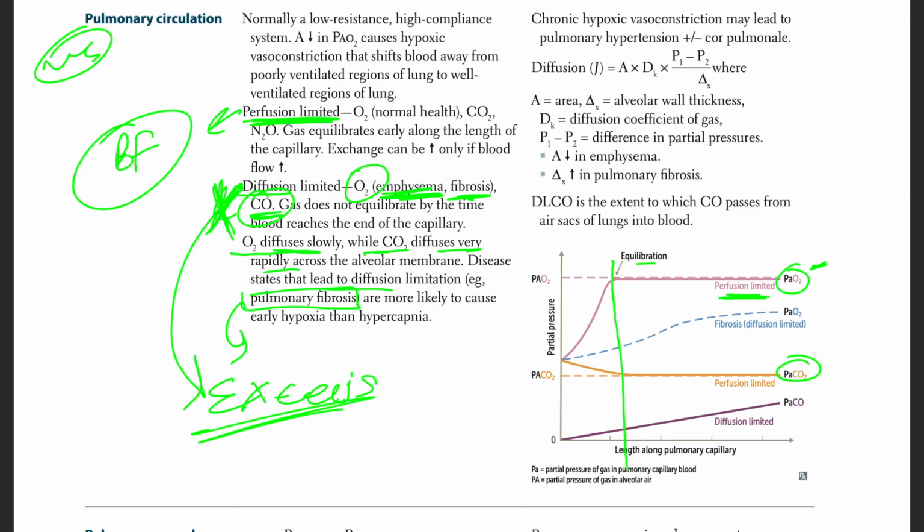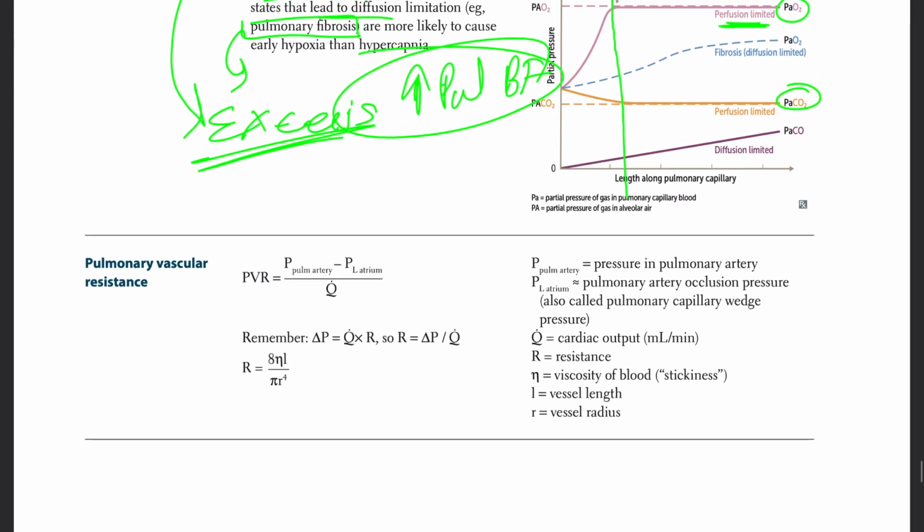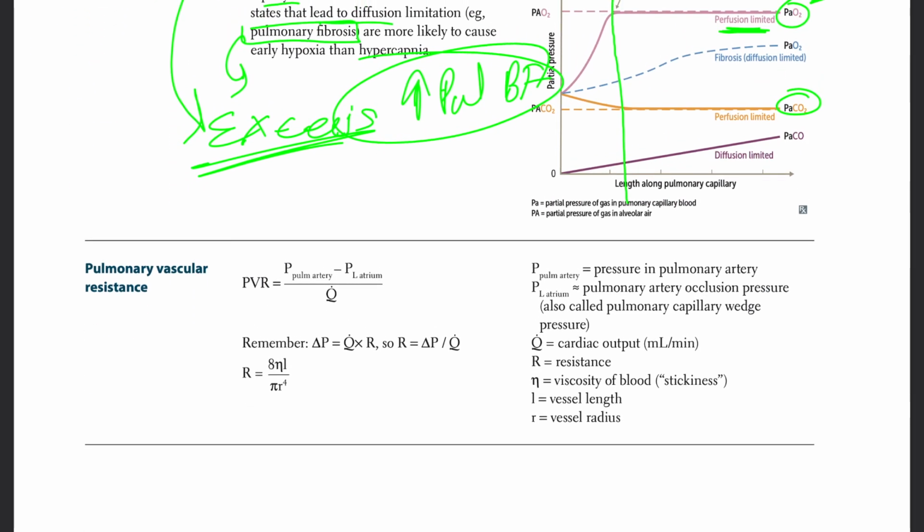Because your pulmonary blood flow is so much increased in exercise that the transit time is getting shorter. In a healthy individual, it acts as a perfusion limitation, but in a patient with already existing diffusion limitation who is exercising, what's going to happen is, if you have a disease, let's say emphysema or obstructive lung disease, anything, and you exercise, exercise can cause an increase in pulmonary blood flow, for sure, 100%.